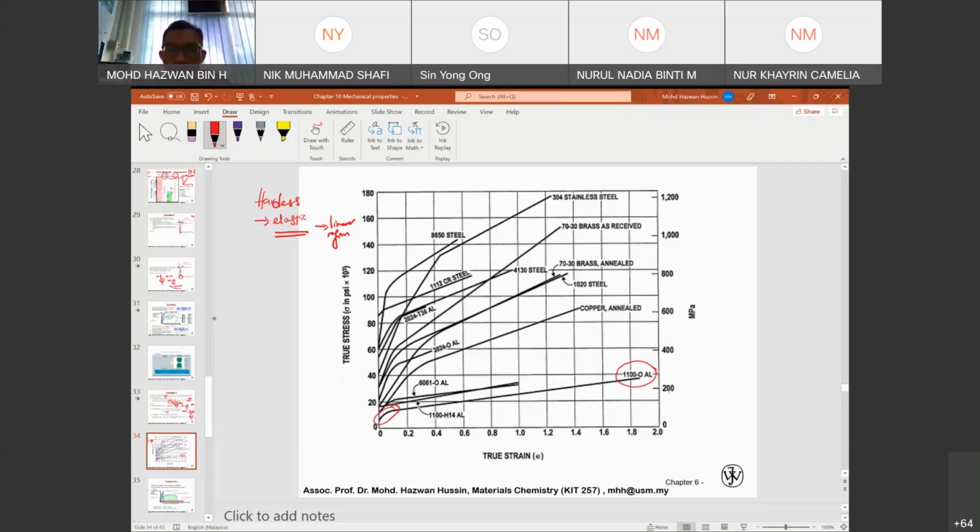Okay. So do you think that this material already experienced plastic deformation or no? The answer is actually yes, because this material has already formed a bending. As I said, anything that produces bending will actually indicate that it already produced plastic deformation.